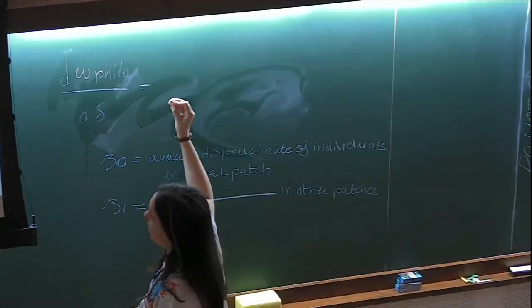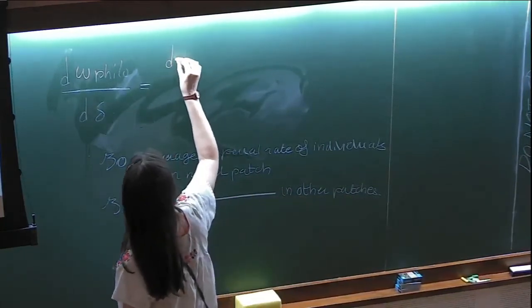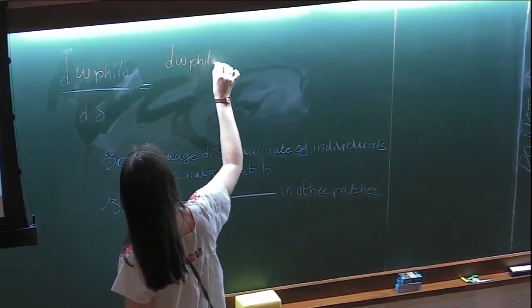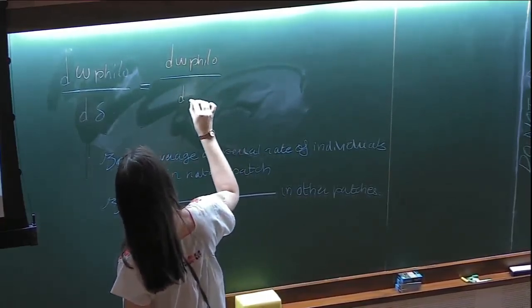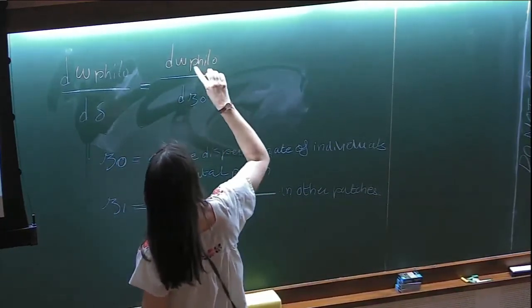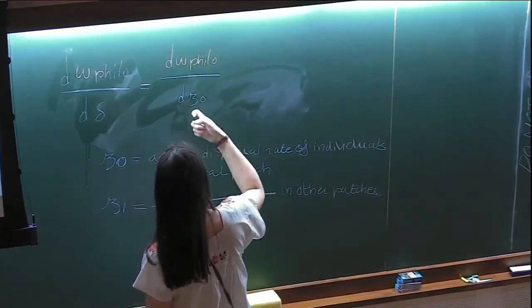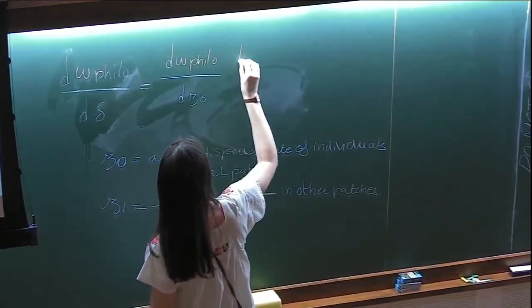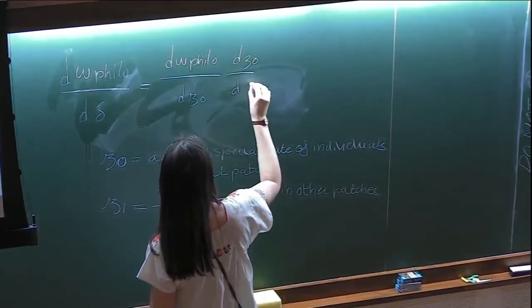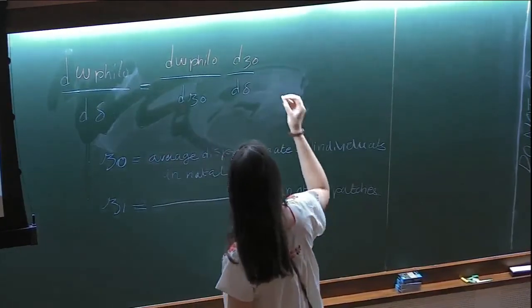Then using the chain rule, I can say my survival as a Fitzpatrick offspring depends on the dispersal rate in my home patch, and how this dispersal rate in my home patch depends on my genotype.